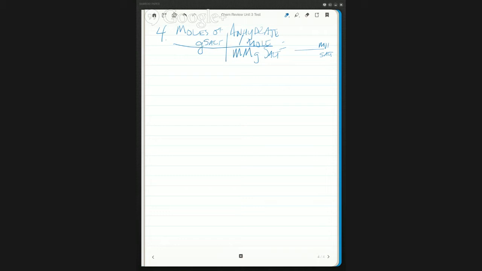Once you have your moles of water and your moles of salt, the 5th step is the mole ratio. If you're following along in your lab, I'm doing the exact same thing we had you do for the lab.